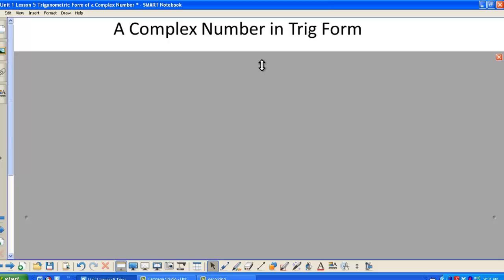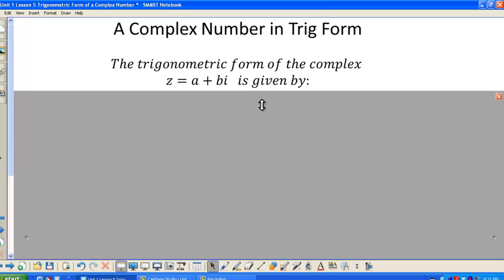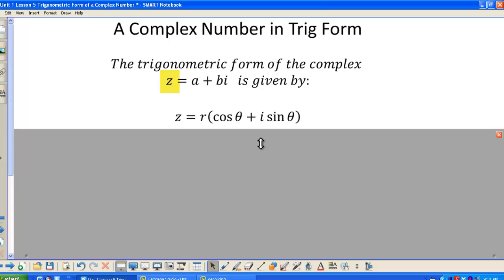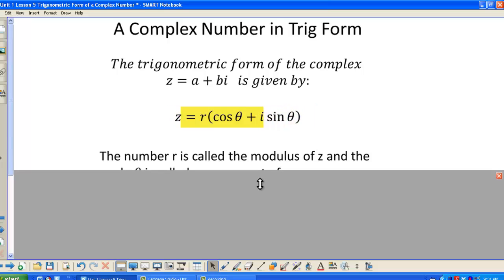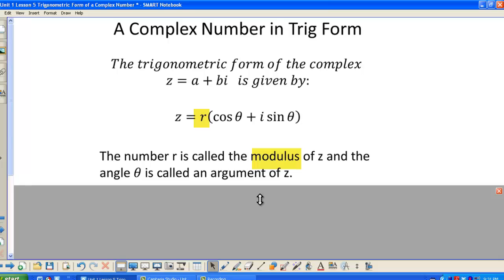So a complex number in trig form has the following definition. The trigonometric form of the complex number z, z is often used to describe a complex number of the form a plus bi, is given by z equals r times cosine theta plus i sine theta. The number r is called the modulus of z, and the angle theta is called the argument of z.